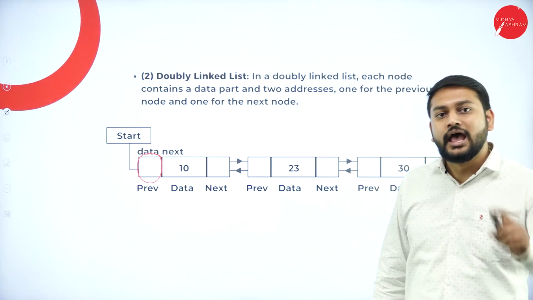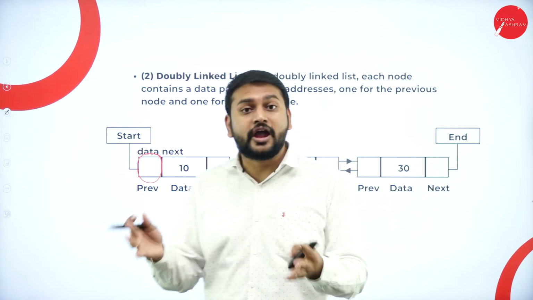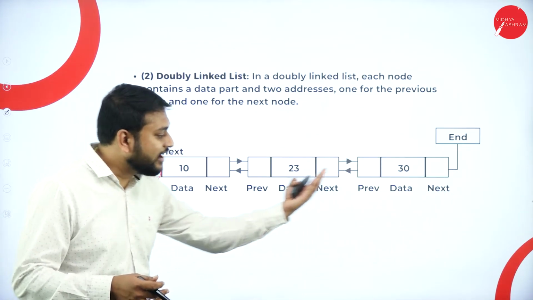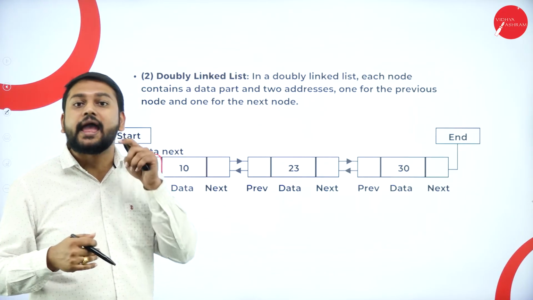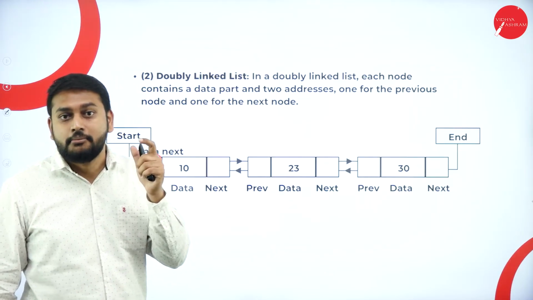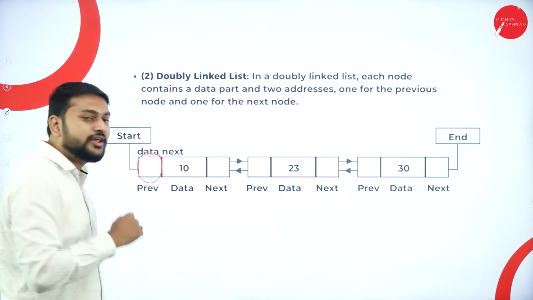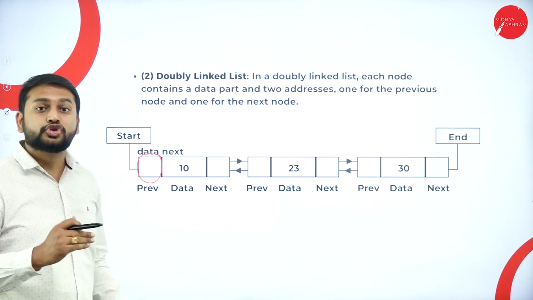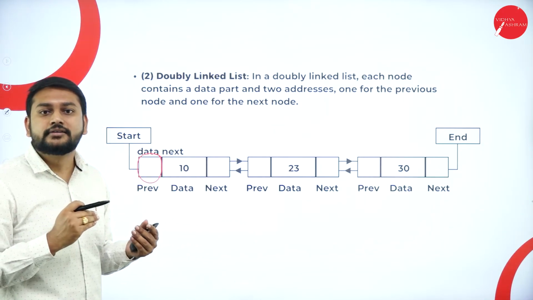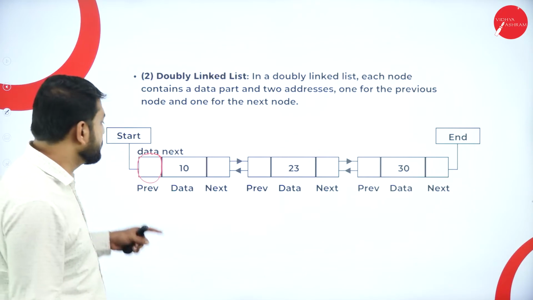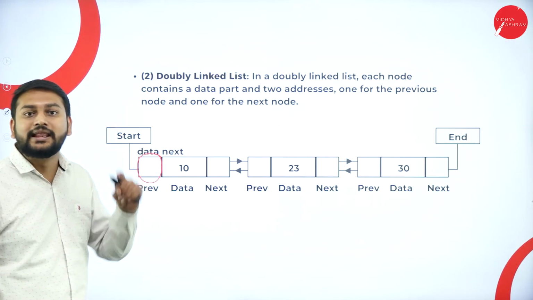My dear students, as I told you in the beginning, when I was discussing the drawbacks, traversing back was difficult and was a drawback in the linked list. But here, since I have the address of the previous node, it is very easy for me to traverse front and back. That is the major advantage with the doubly linked list.